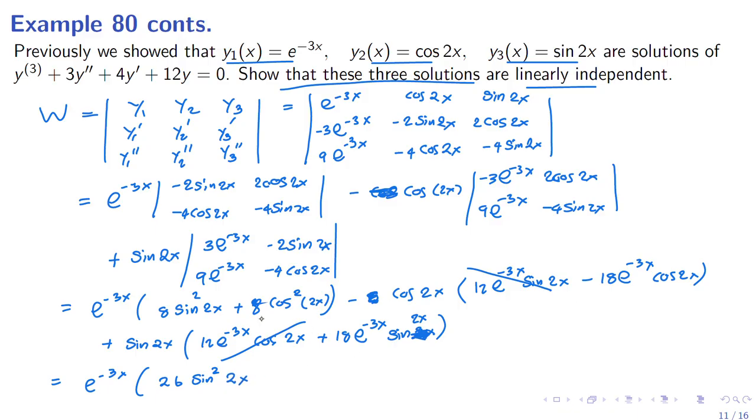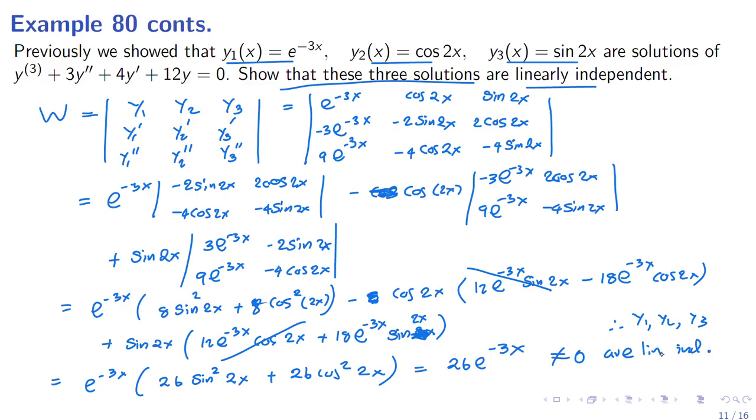Similarly, we get 8 cosine squared 2x plus 18 cosine squared 2x, which is 26 cosine squared of 2x. And we know that sine squared plus cosine squared equals 1, so we get 26 e to the minus 3x, which is not equal to 0. Therefore, y1, y2, y3 are linearly independent. This means linearly independent. I wrote it in short.